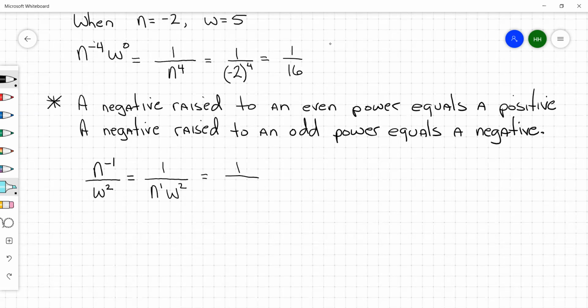So that's 1 over negative 2 to the first times w, which is 5, squared. So you can do this whole bottom in your calculator. Negative 2 to the first power, that's a negative to an odd power. So negative 2 raised to the first equals negative 2. So this is negative 2 times 25. So that's 1 over negative 50, which is negative 1/50th.